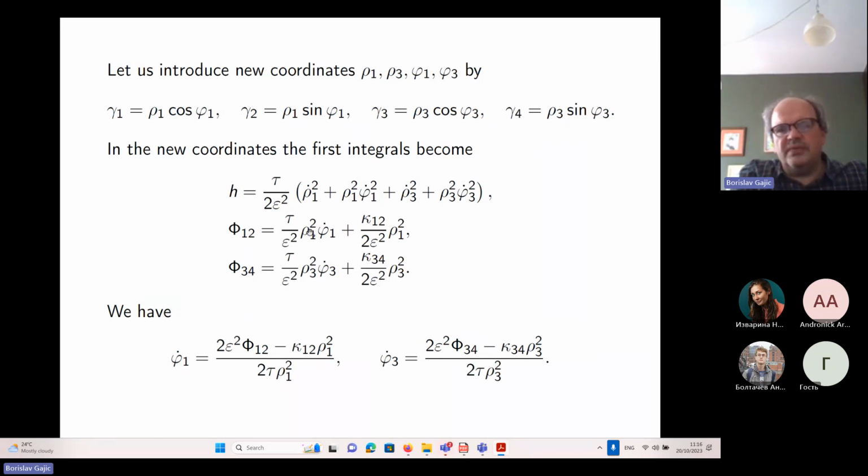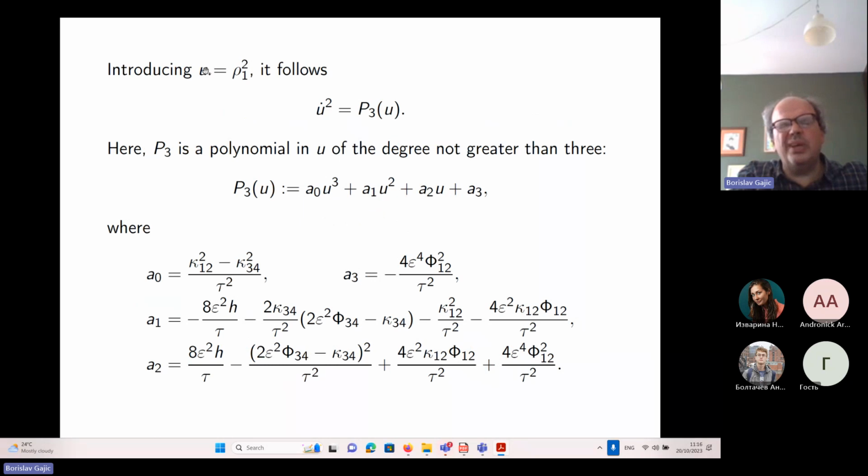Then in the new coordinates, the first integral can be written like this, and phi1 dot can be expressed by this formula, and phi3 dot by this formula, and when one introduces u as rho 1 squared, it follows that u satisfies this equation where P3 is a polynomial of degree 3.